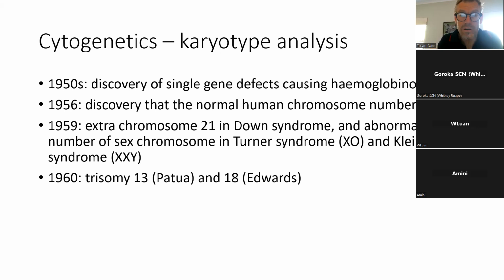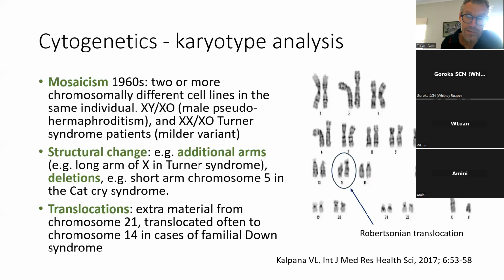Another sex chromosome abnormality was Klinefelter syndrome, which is XXY, where it's a male phenotype with very tall stature, some other different characteristics, and infertility. So these changes in chromosome numbers and structure, and even basic single gene defects, were identified in the 1950s and 1960s. As I said, these are some of the main discoveries in that time, and I'll try to go through them because you need to understand the terminology.